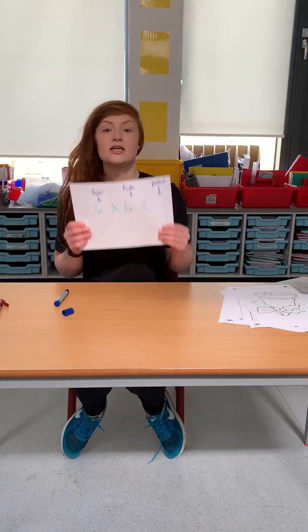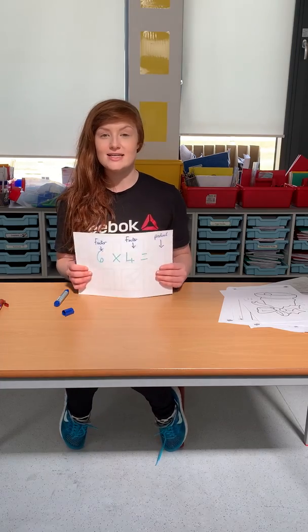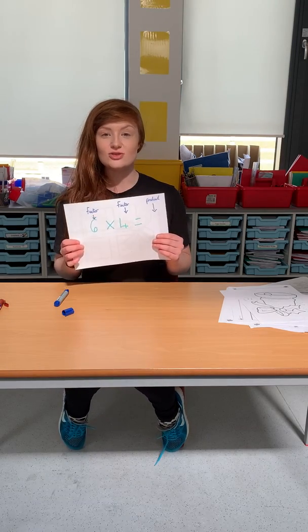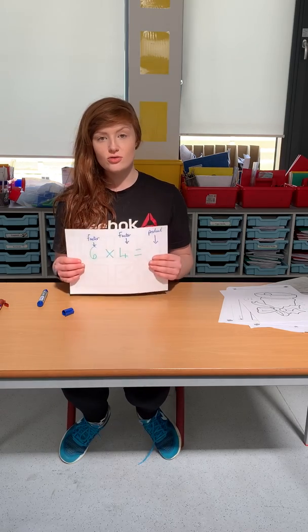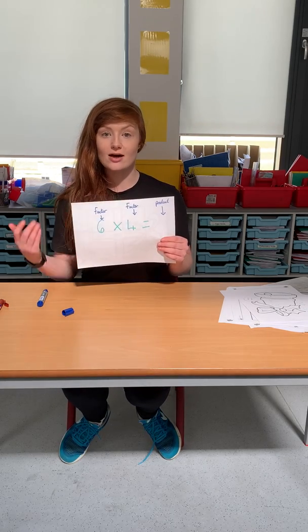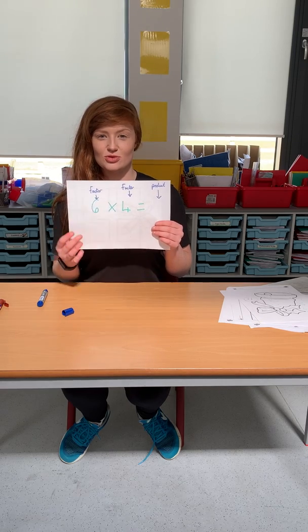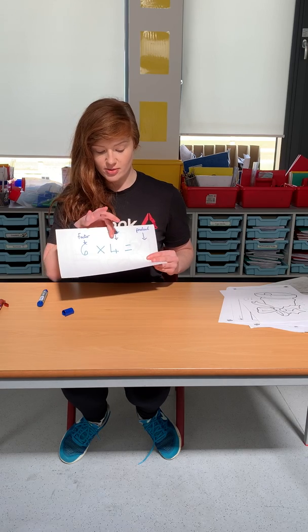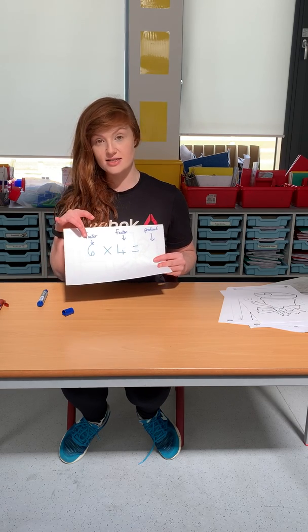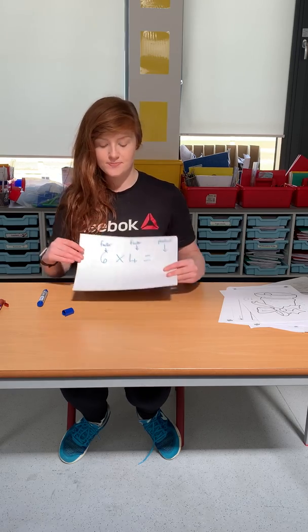Now I'm going to show the year 3s how to do a bit of a harder one, because when we're multiplying by 2, it's quite easy. Most of us know how to count in 2s, and it's quite an easy number to count in. When it comes to 4s, unless you know your 4 times tables really well or can count in 4s easily, there's a bit of a trick method that can help you to multiply by 4. So for this calculation, 6 multiplied by 4 equals, we've got 6 as a factor, 4 as a factor, and we're going to find out the product today.